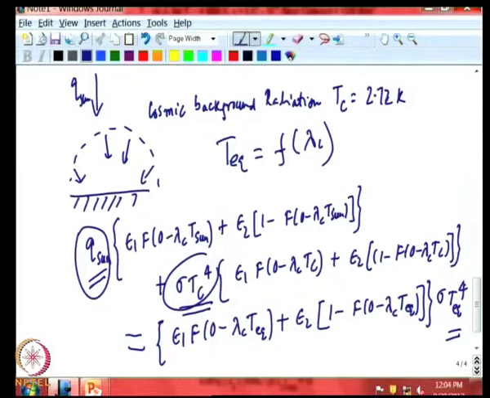Again you have to solve this equation numerically, because all these f 0 lambda factors are obtained by accurate numerical integration. We know everything except T equilibrium. So, this problem is solved iteratively. You assume some value of T equilibrium and see whether the left hand side and right hand side balance. If they do not, you adjust it until they balance.